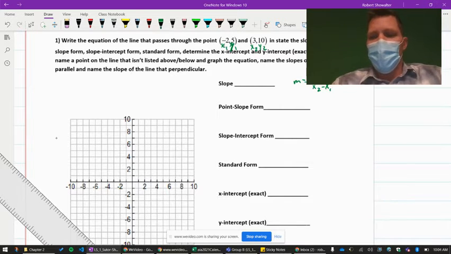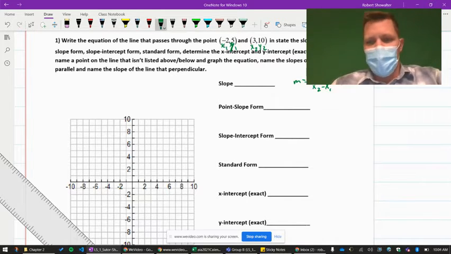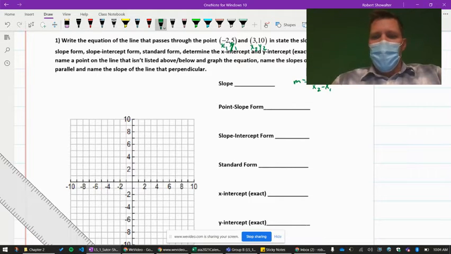So y2 being 10, y1 being 5, x2 being 3, x1 being -2. Simplify that, we get 5 over 5, which simplifies to 1. Our slope, m, equals 1 for this problem.